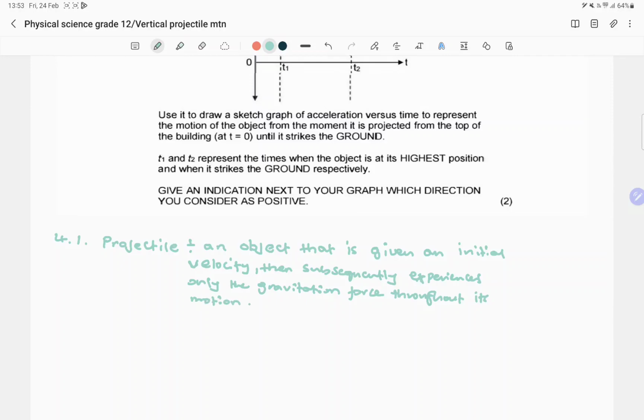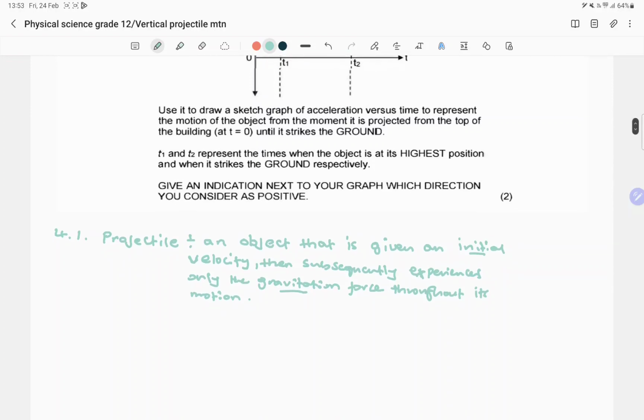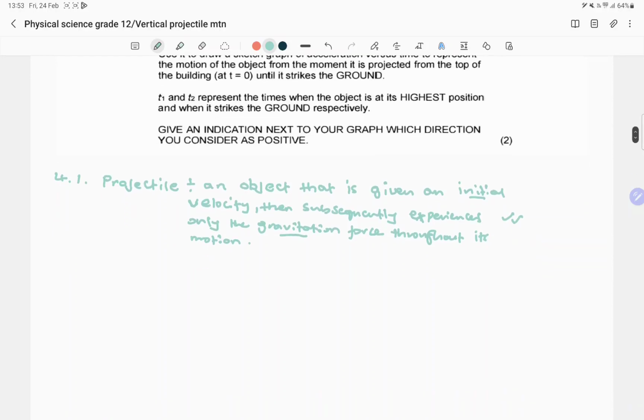So easy. It's an object that is given an initial velocity, then subsequently experiences only gravitational force. So there's an initial velocity given to it, and then it experiences motion through which gravitational force is the only force acting. So this is how you get those 2 marks, easy.